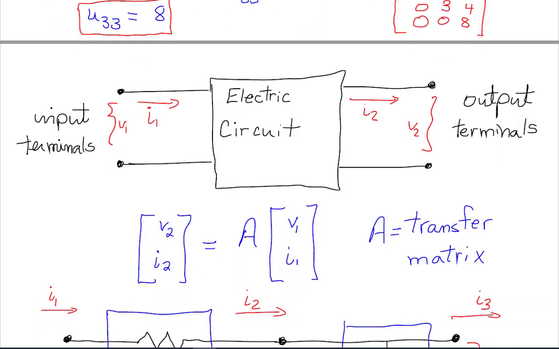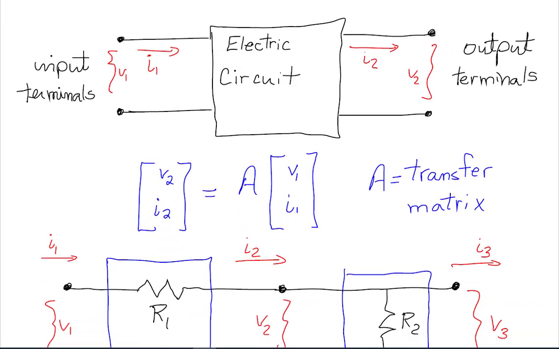In our last problem, it's something from electrical engineering. We have some kind of electric circuit here. So here's our circuit. And in this circuit, we have some input terminals. We have some output terminals. There's a current going in and a current going out. You could consider this a black box.